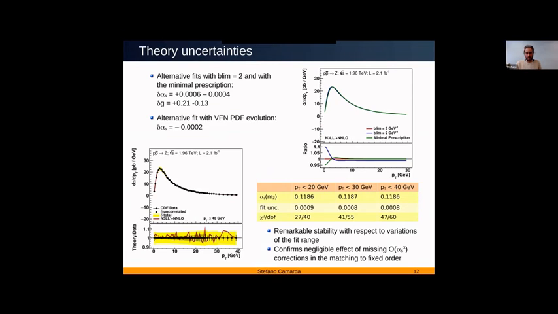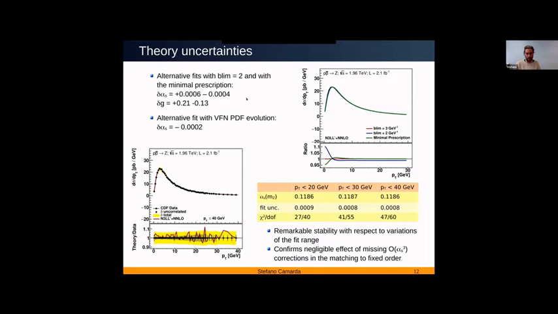Concerning other theory uncertainties, one important uncertainty is related to the particular choice of non-perturbative effects. In order to investigate these, I perform a variation of the Landau pole prescription, the b* prescription for avoiding the Landau pole.